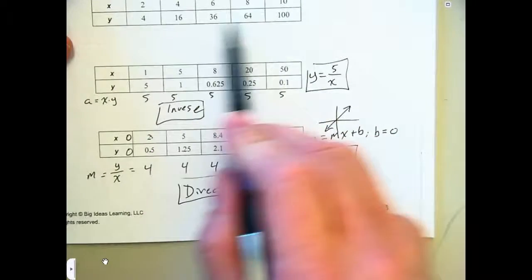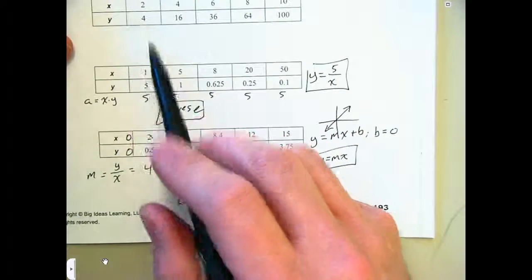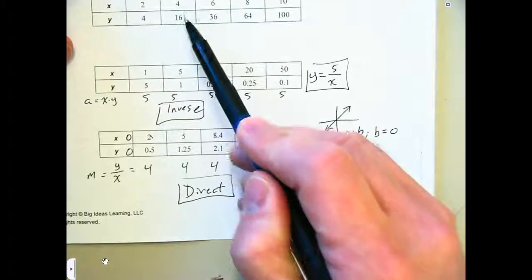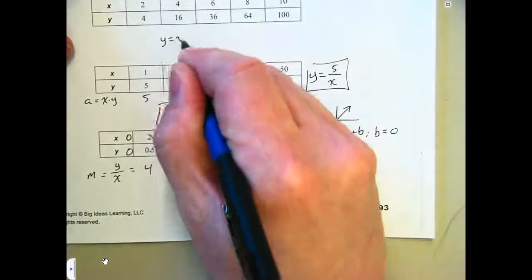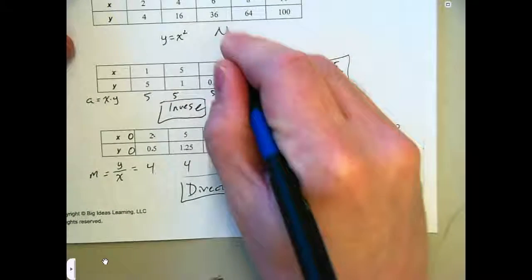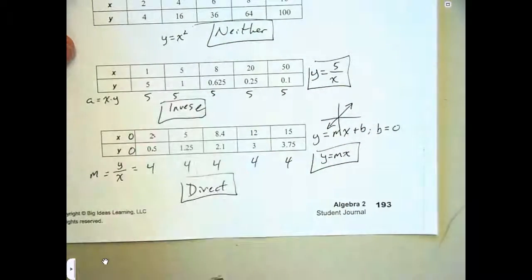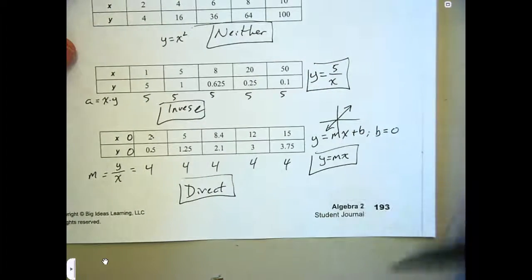What is my pattern? I kind of misled you the way I did it. How about that times that? It's just y equals x squared. Okay, this is neither. It has a pattern. We know the pattern. We actually know the equation. However, it's neither direct or inverse.